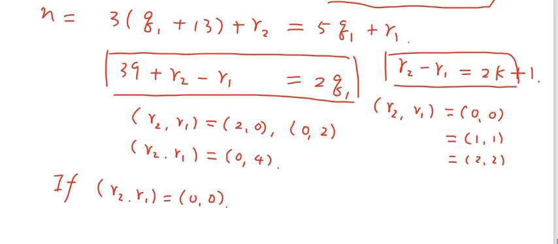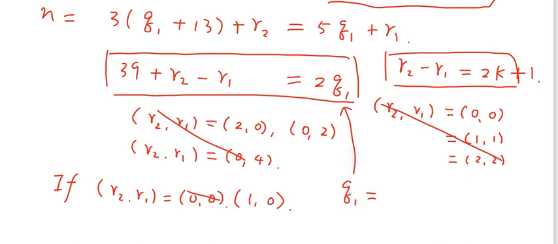So it's not okay. We have many cases. If this equals 1 or negative 1, so if this equals 1, how about 1, 0? If R2, R1 equal 1, 0, then Q1 equals 20, right?